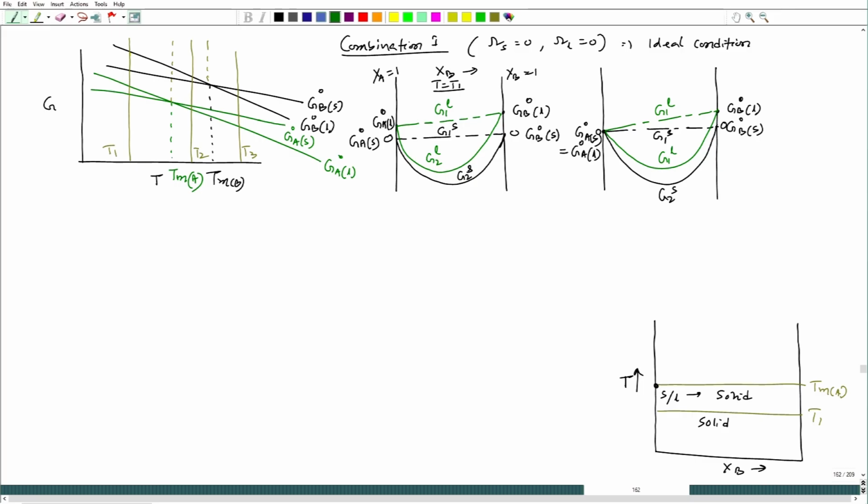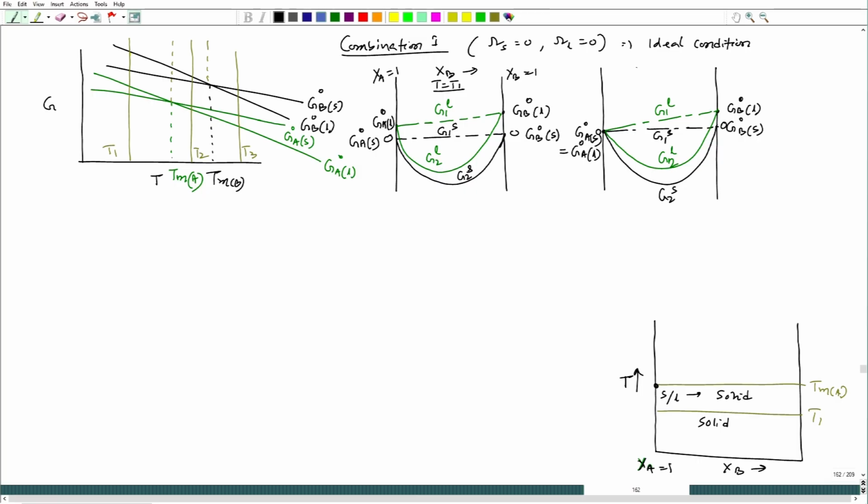G1 liquid has higher free energy as compared to G2 solid over the entire composition range except pure metal A. So, at X A equal to 1, both solid and liquid A have the same free energy, and both can coexist as per stability.